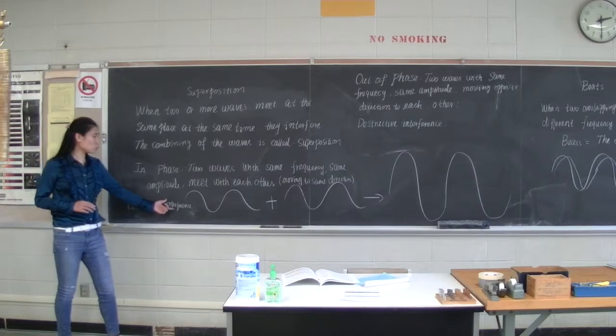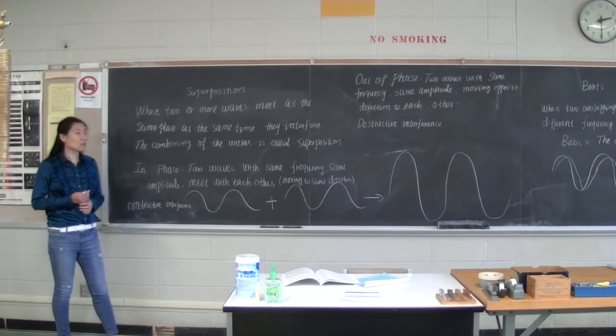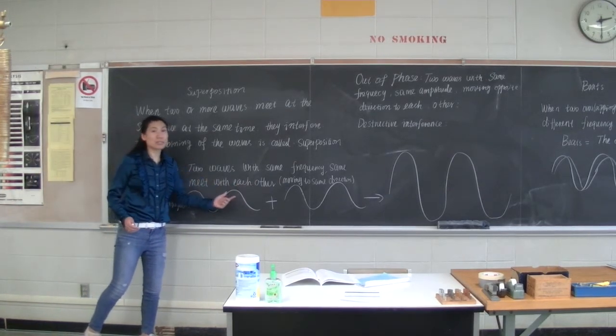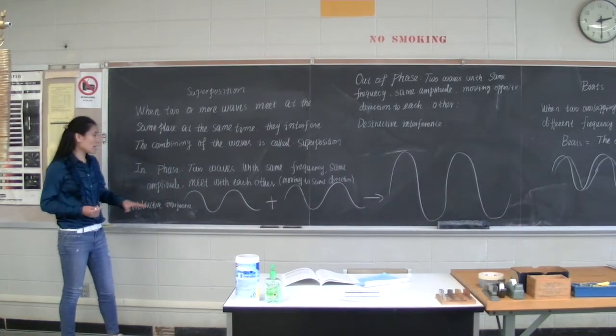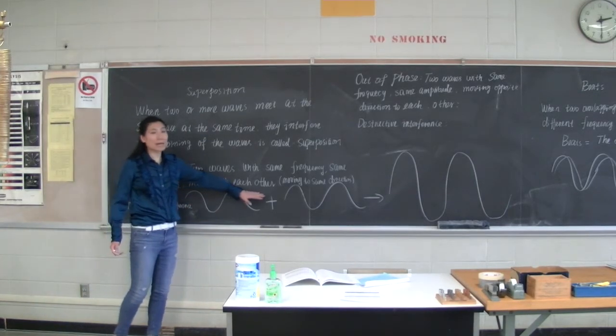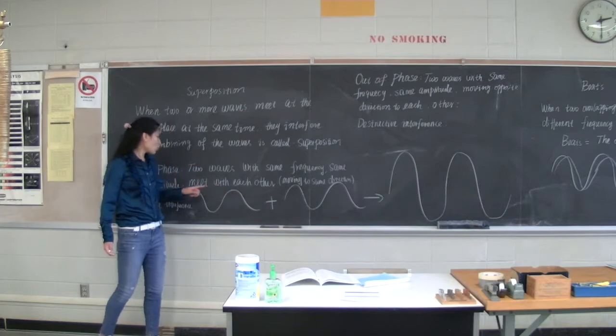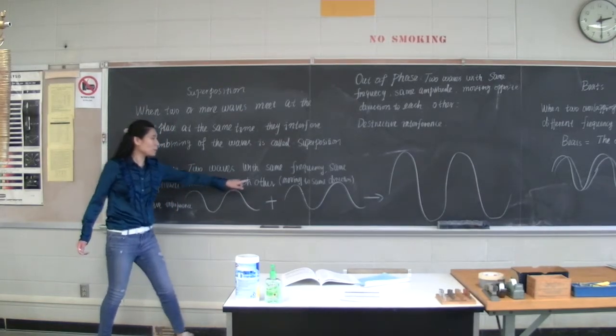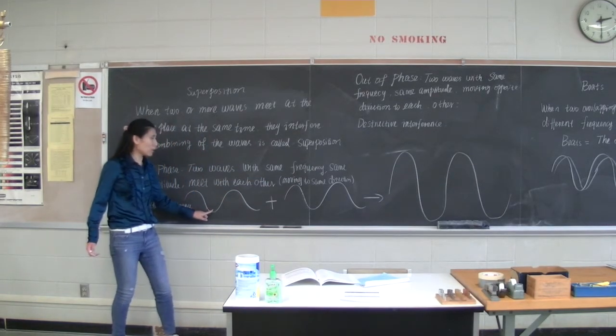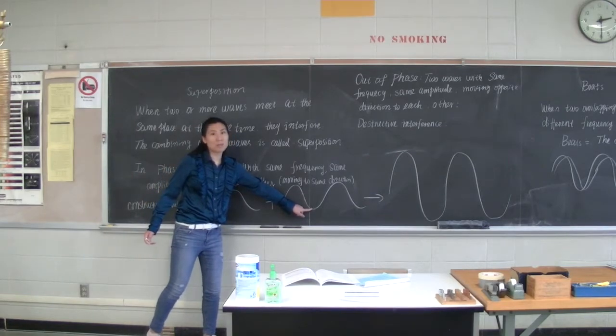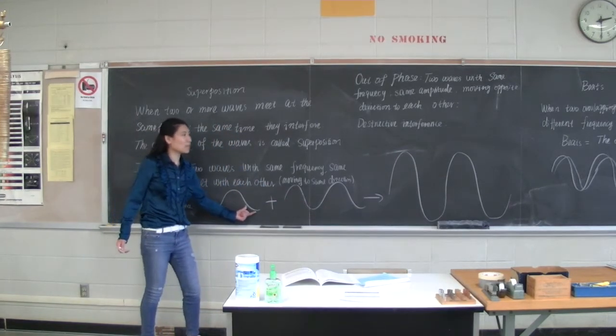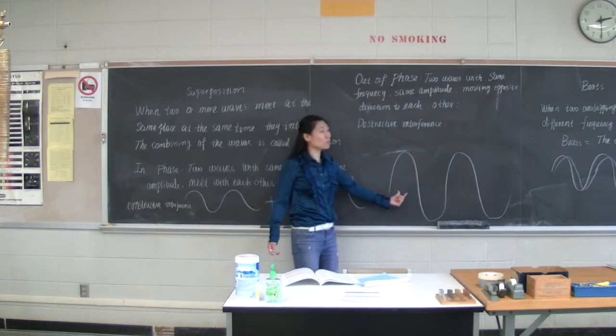Constructive interference is when we have two in-phase waves that meet at the same place, with top always meeting top and bottom always meeting bottom. Together these two waves produce a new wave.